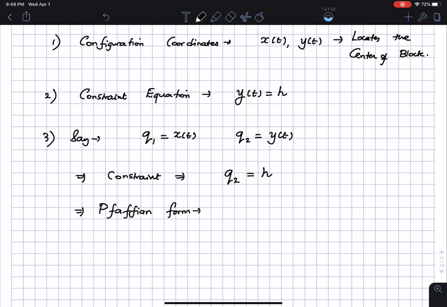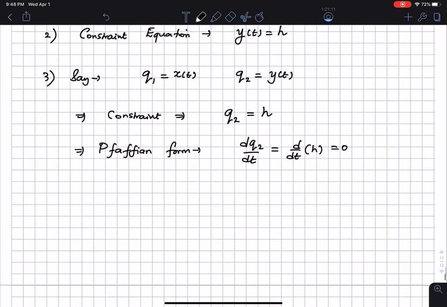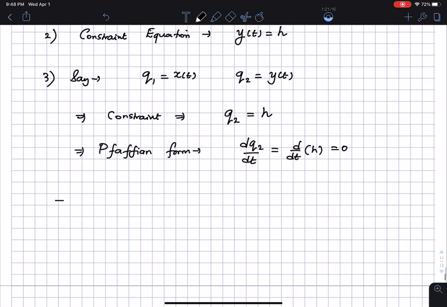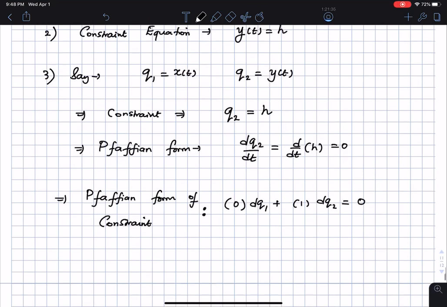If I differentiate this, first of all, dq2 by dt is d by dt of h, which is 0. That is the first thing, which means that if I cross multiply and write the Pfaffian form of the constraint, it is going to be 0 times dq1 plus 1 times dq2 is equal to 0.